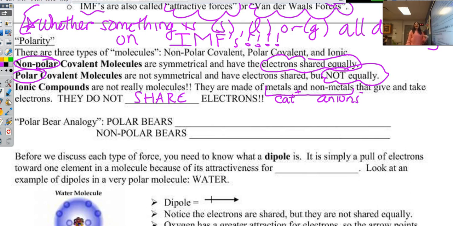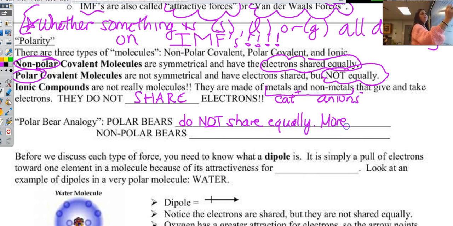Polar bear analogy: I always like to say that you get 2 polar bears and you put food between them, and they're like, "Rah!" Who's going to get more? The bigger one, okay? The one that has a higher electronegativity. Polar bears do not share equally. So the more electronegative atom is going to have a partial negative charge.